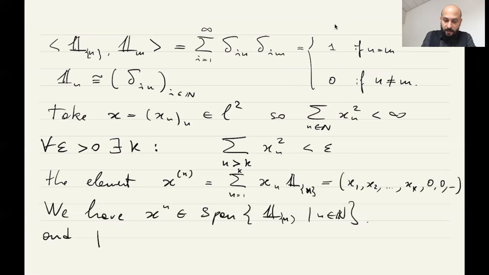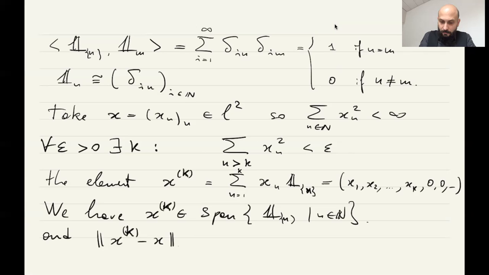In fact, what is the norm of x_k minus x? Sorry, we should not call it n. This should be called k. The index here should be k.